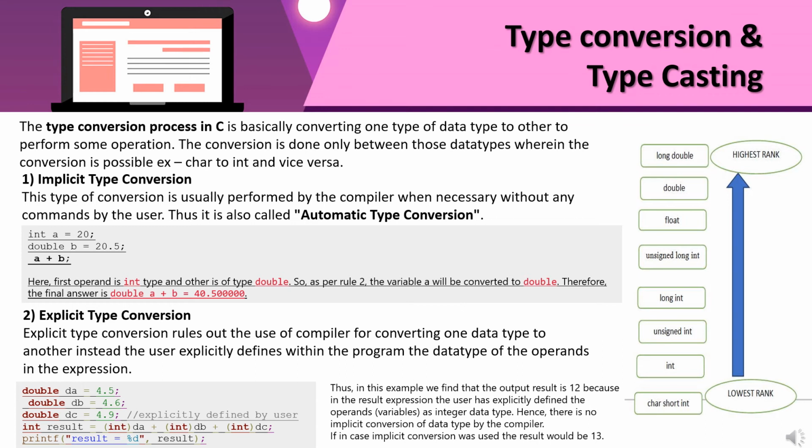It generally takes place when more than one data type is present in an expression. In such a condition, type conversion takes place to avoid loss of data. All the data types of the variables are upgraded to the data type of the variable with the largest data type, as you can see in this picture.